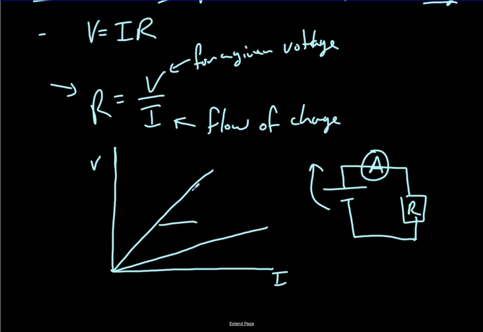So the slope here is higher, so delta V over delta I. This has a higher resistance, so in other words, for a given voltage, we have a lower current than we would for this one. So this is a higher resistance and this is a lower resistance. Does that make sense?